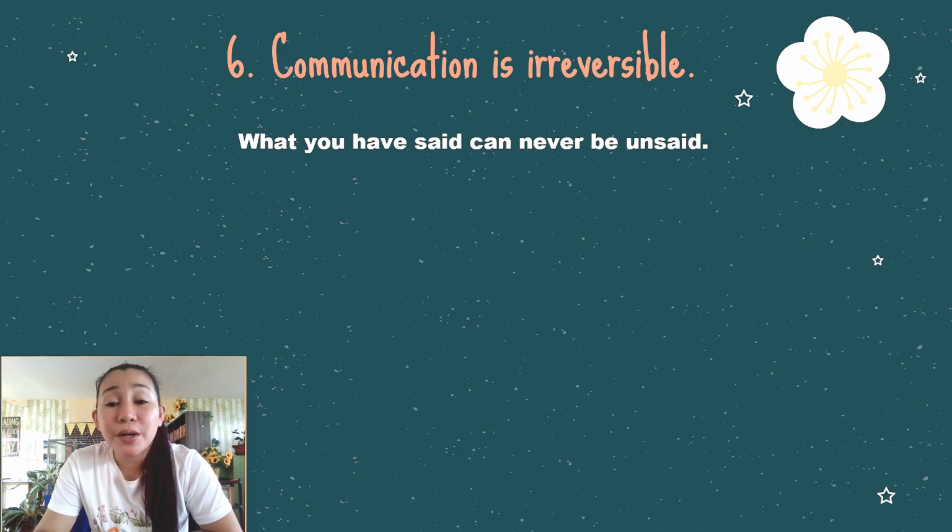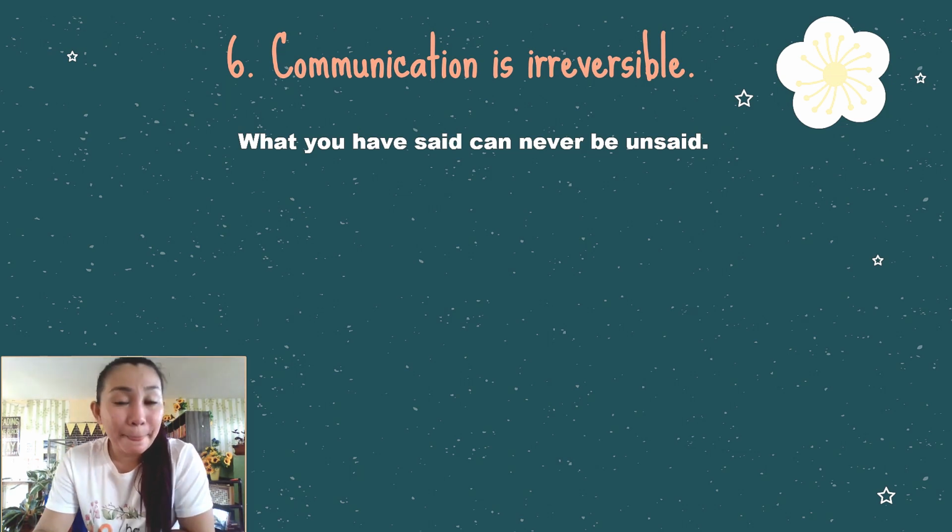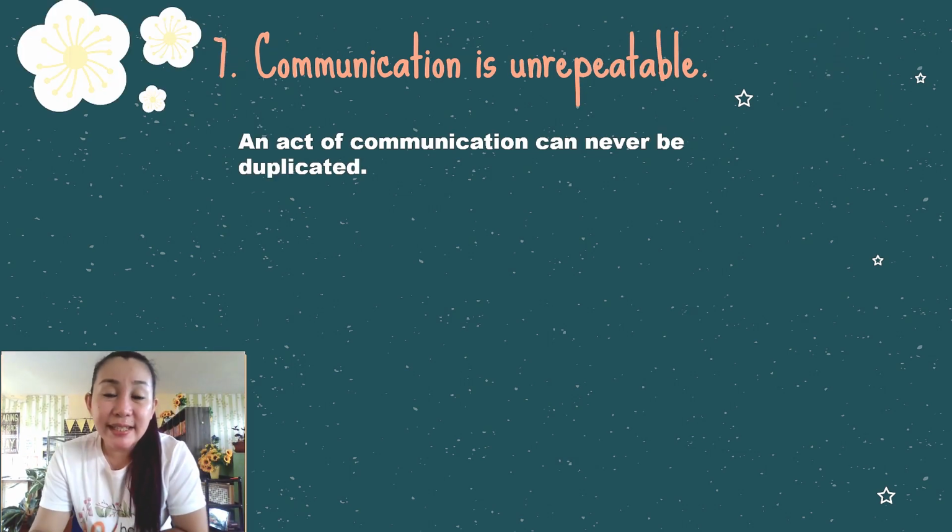Hurtful words that you can never unsay. And that might hurt that person. So think before you speak, think before you click. You really have to think because communication is irreversible. Dili na siya mabalik. Now let's proceed to the 7th one.